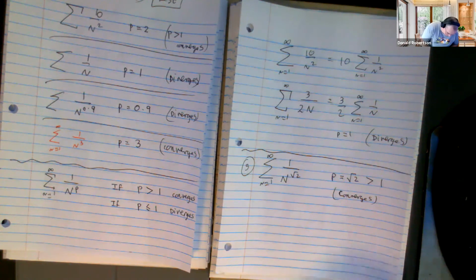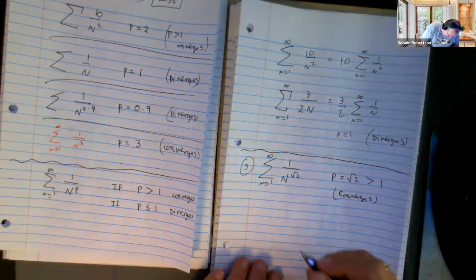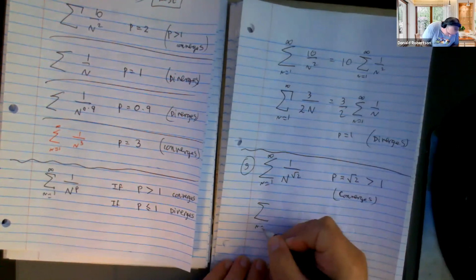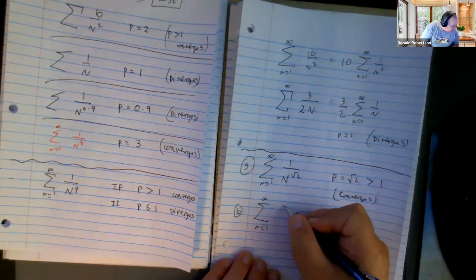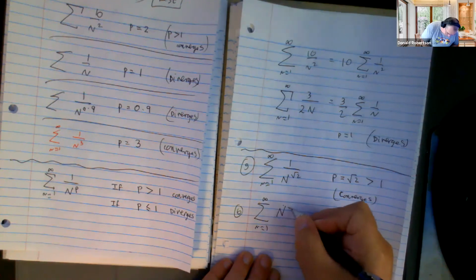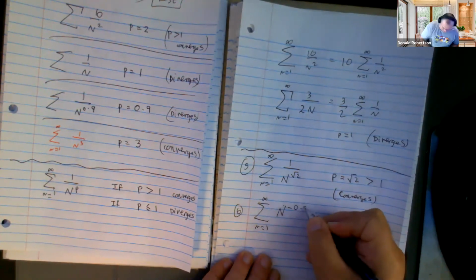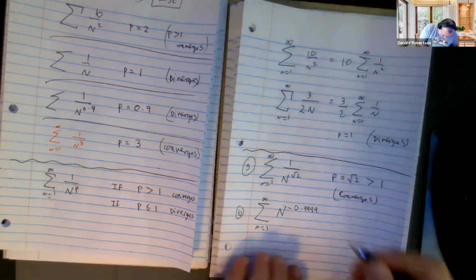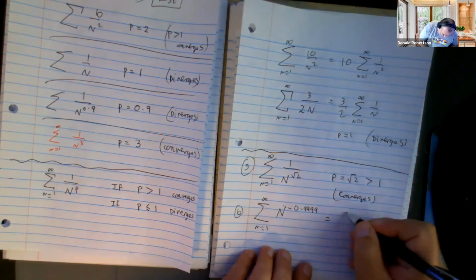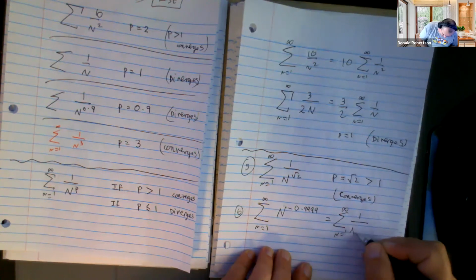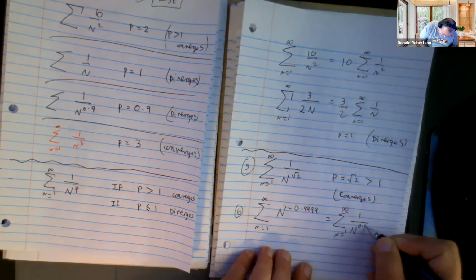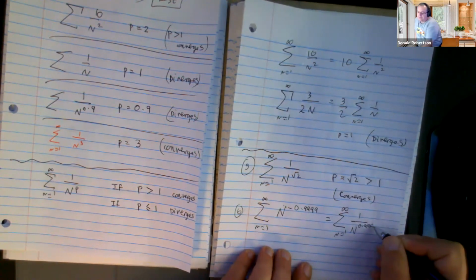How about this one? And be careful, because this is a kind of tricky question. It is a P-series. But if you're going to do a P-series, sometimes you have to do a little bit of surgery. Are you happy that this is equivalent to that?